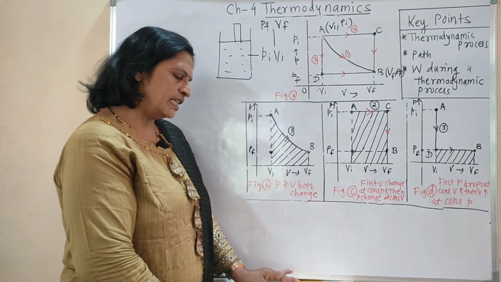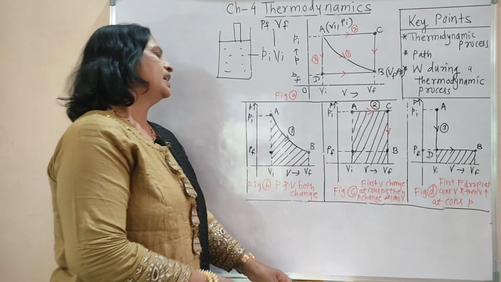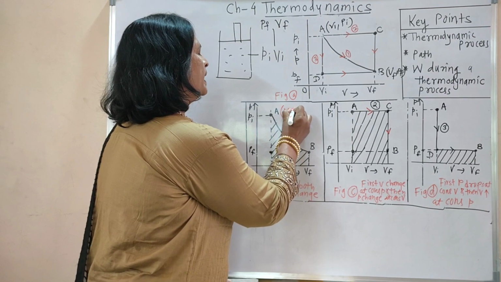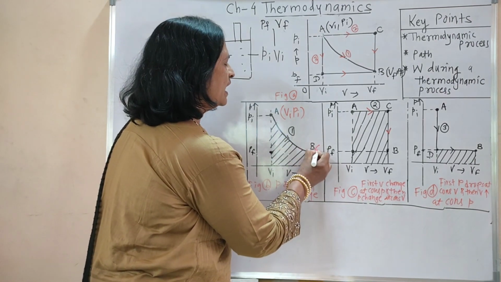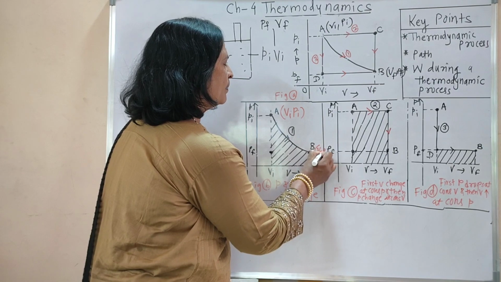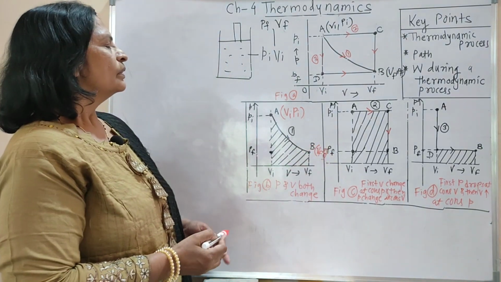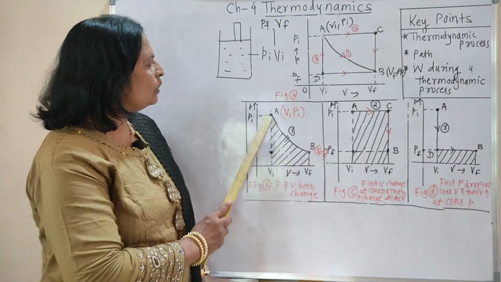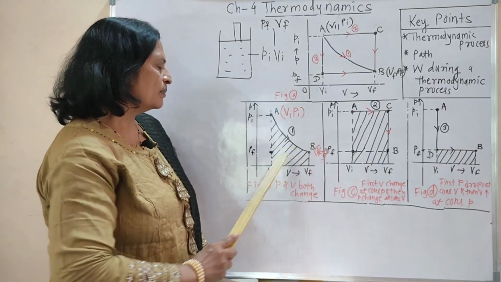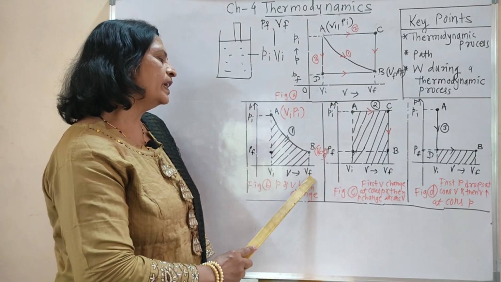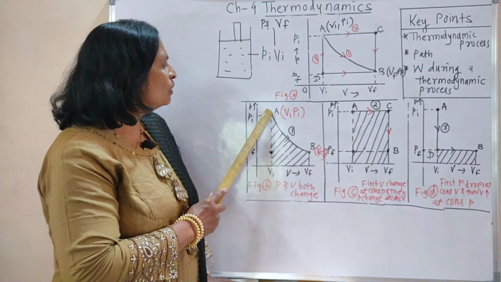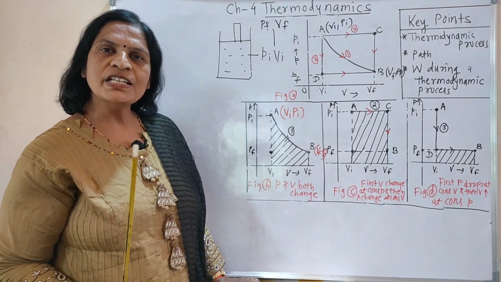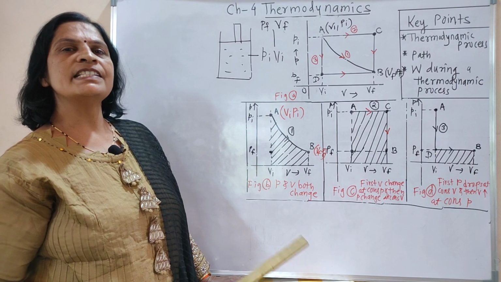Then consider figure B, means path first. Initial state of this system is Vi, Pi, and final state is Vf, Pf. What happened during that change? Volume goes on increasing, means Vi is the initial volume, Vf is the final volume, expansion is there. When expansion is there, positive work done is always there.